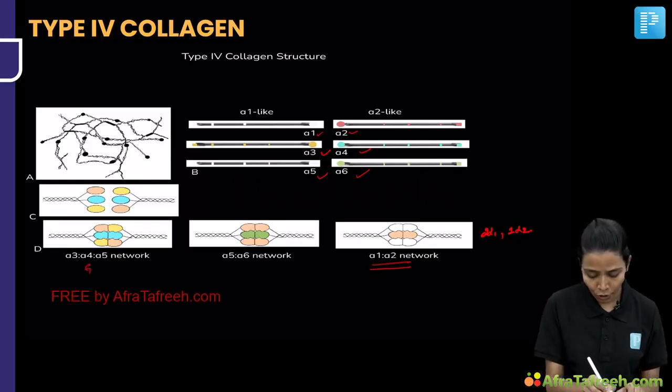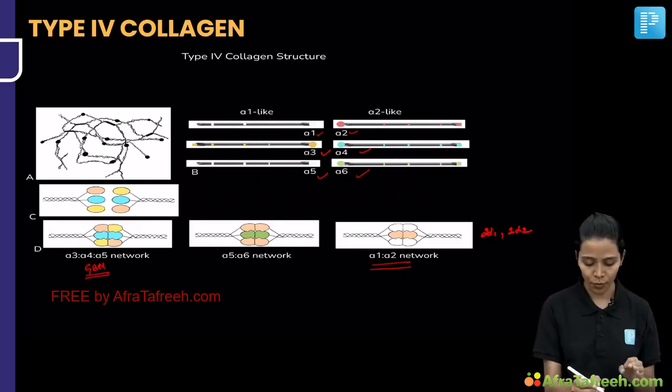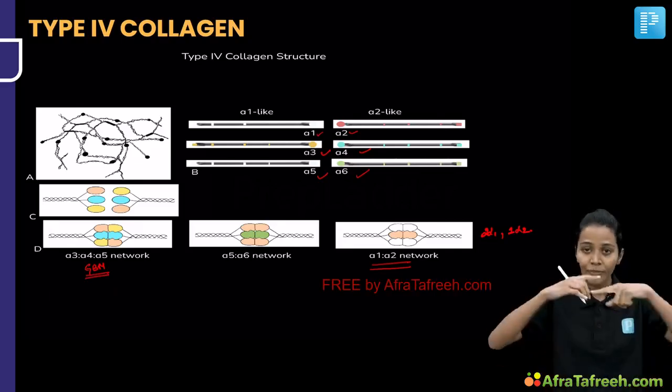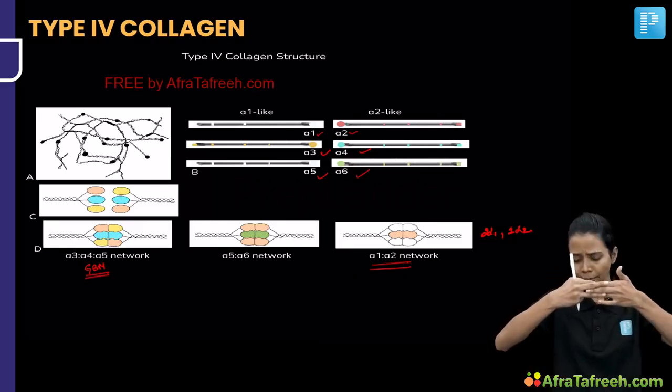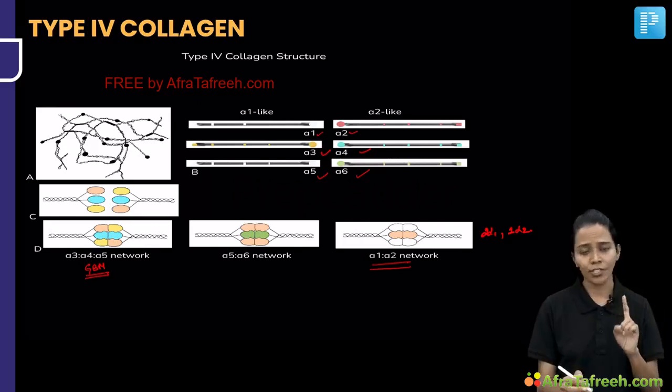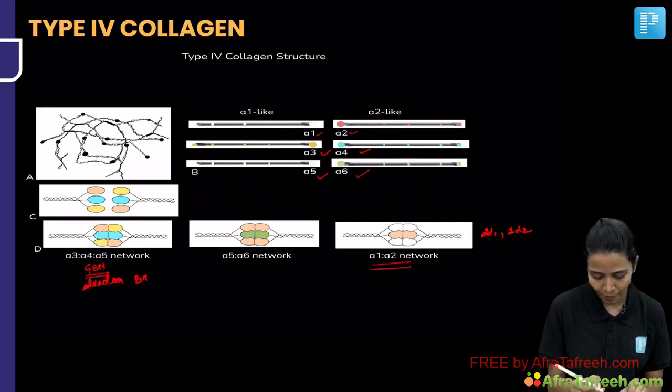Now, when coming to the glomerular basement membrane, it is alpha 3, alpha 4, alpha 5 which is forming the network. So, here you can see these three things are tightly wound around and they form the network in type 4 collagen. Now, this is not just in GBM. It can also be found in the alveolar basement membrane.